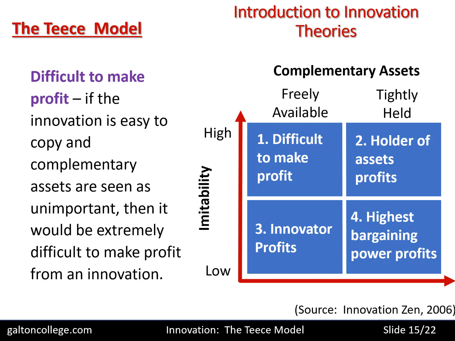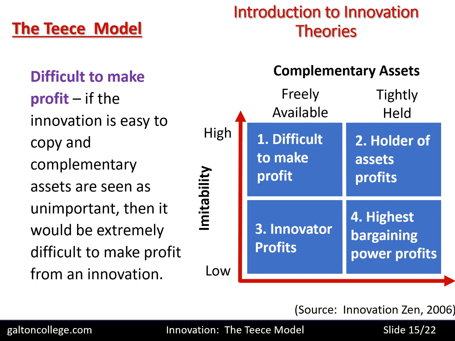Difficult to make profit. If the innovation is easy to copy and complementary assets are seen as unimportant, then it would be extremely difficult to make a profit from the innovation.